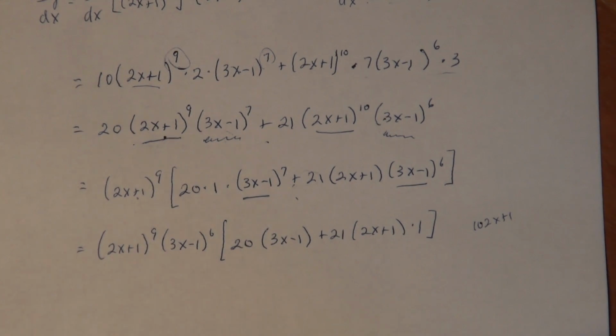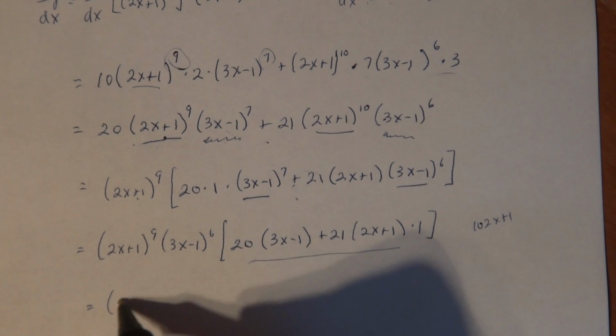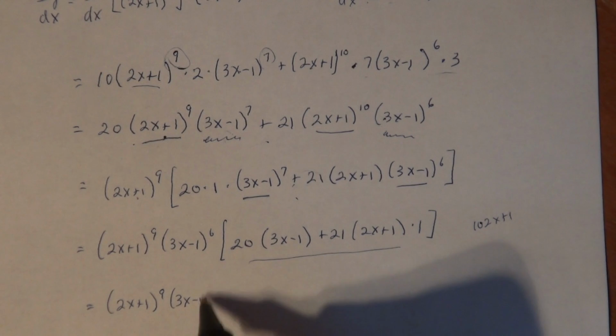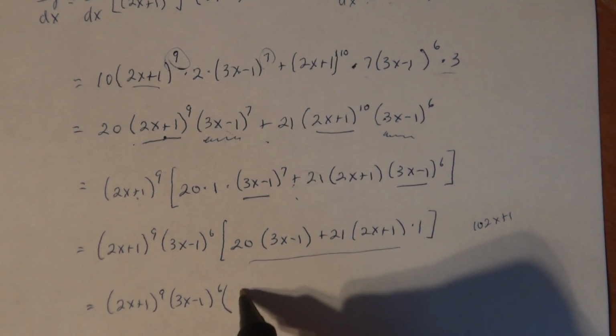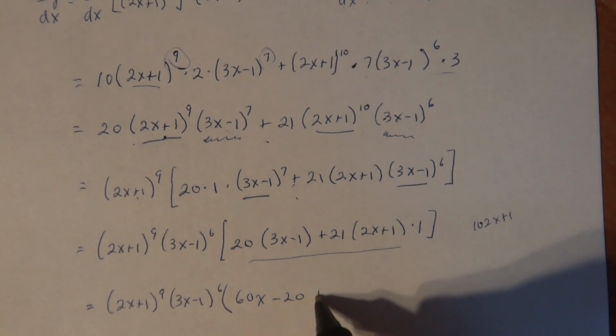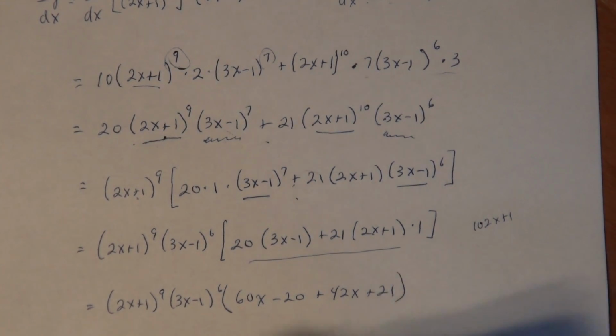Alright, so now I just have to do the algebra in here. It's very straightforward now. (2x plus 1) to the 9th, (3x minus 1) to the 6th, that just comes along. Now 20 times 3x is 60x minus 20. 21 times 2 is 42x plus 21.